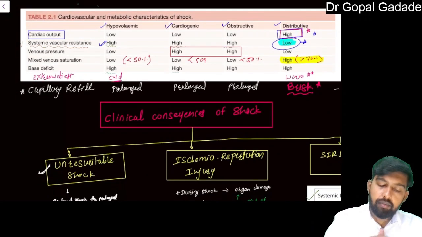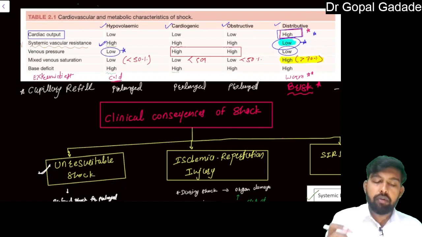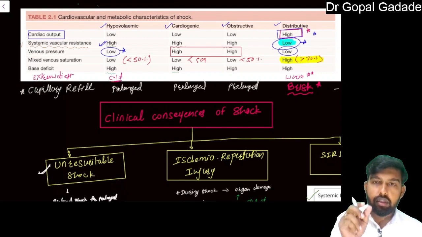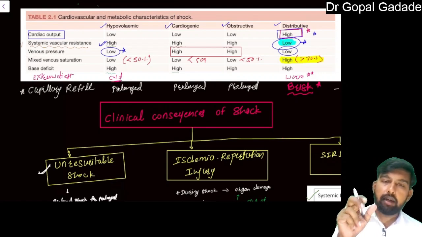And the same goes for venous pressure. Venous pressure is decreased in septic or distributive shock and in hypovolemic shock. Why is the venous pressure decreased in hypovolemic shock? Because the volume is lost, so the pressure is decreased.